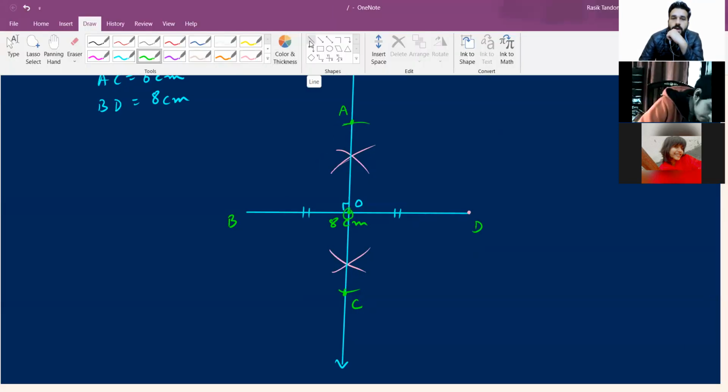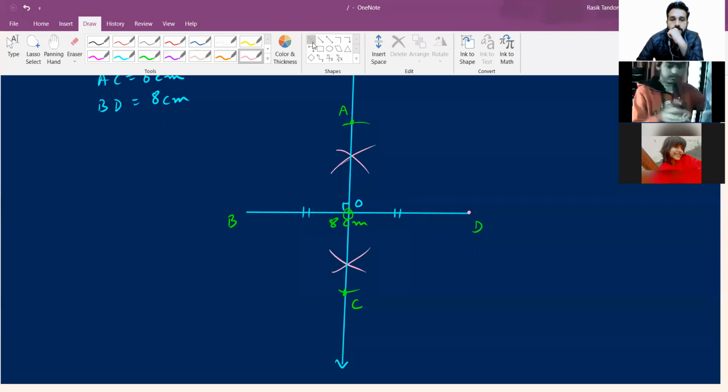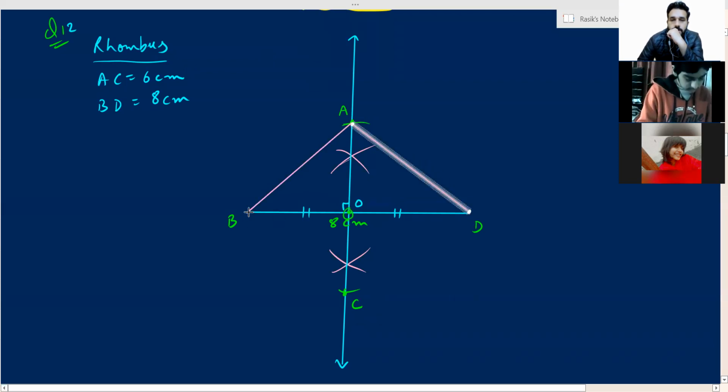So we have got two diagonals which are perpendicular bisectors of each other, and the lengths are 6 and 8 respectively. Okay, so now you just join the sides, you will get the rhombus. Join BA, join AD, join BC, and join CD.